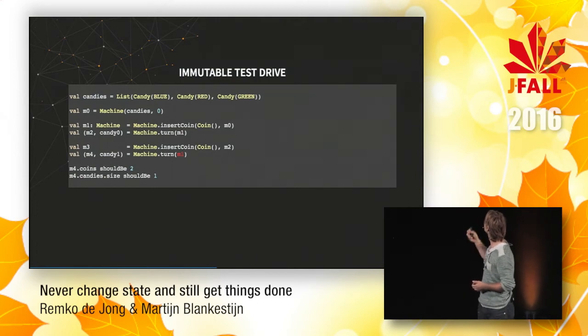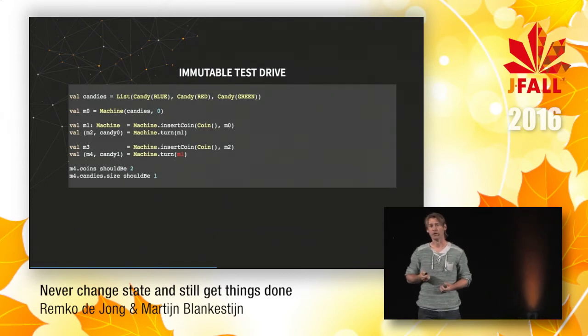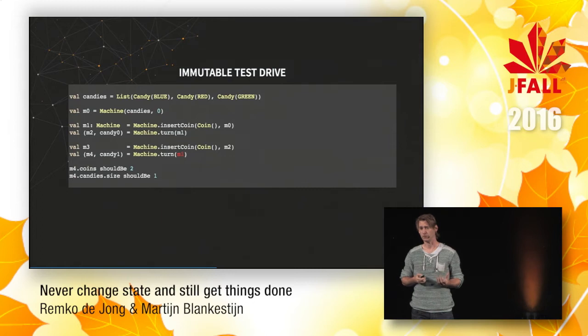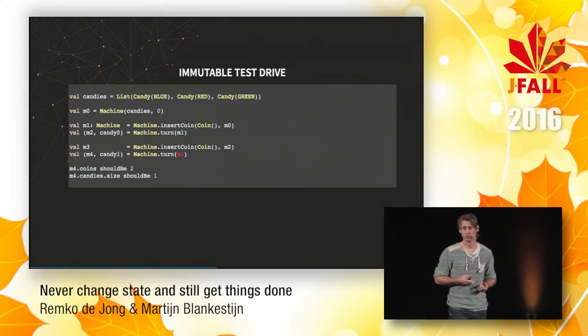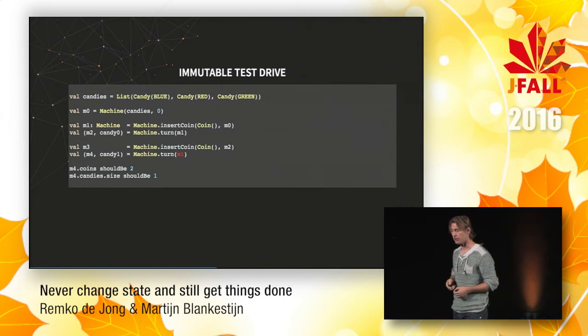Or sorry, in this case, the third state. That's quite problematic because your compiler cannot help you here. These input states and output states are the same type, so the compiler will flag this as okay. So you will need to rely on unit tests in order to capture these bugs.